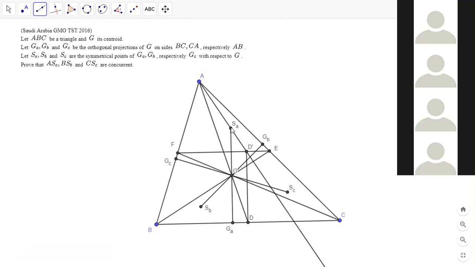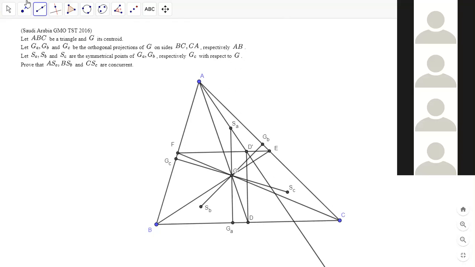So we define points E prime and F prime similarly. And then Ceva's nest theorem says that if DD prime, EE prime, and FF prime are concurrent, then AD prime, BE prime, and CF prime are also concurrent.